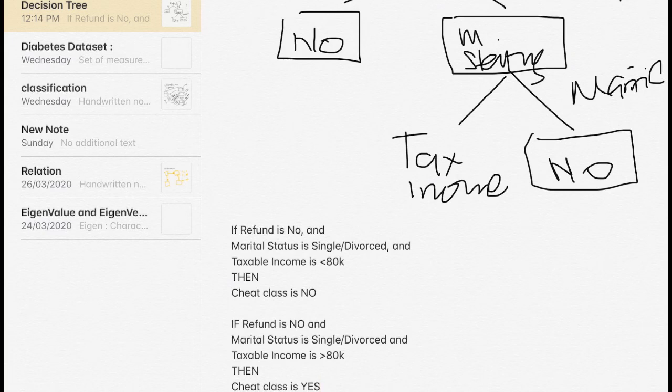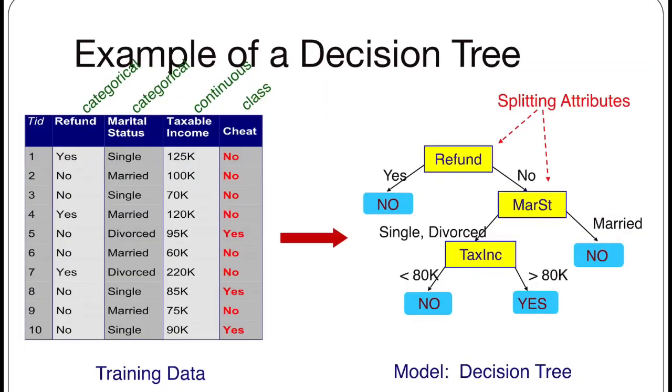So let me draw the tree for you now. So from here, if the taxable income is less than 80k, therefore cheat is no, while if taxable income is more than 80k, then cheat class would always be yes.